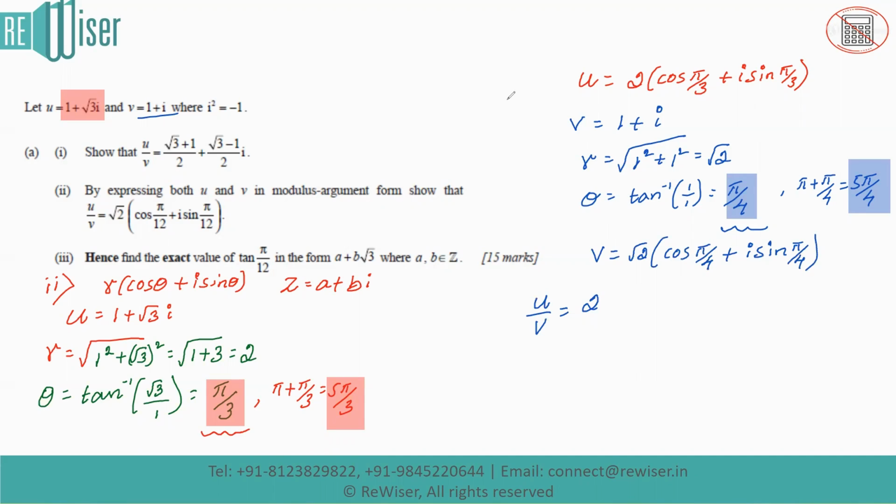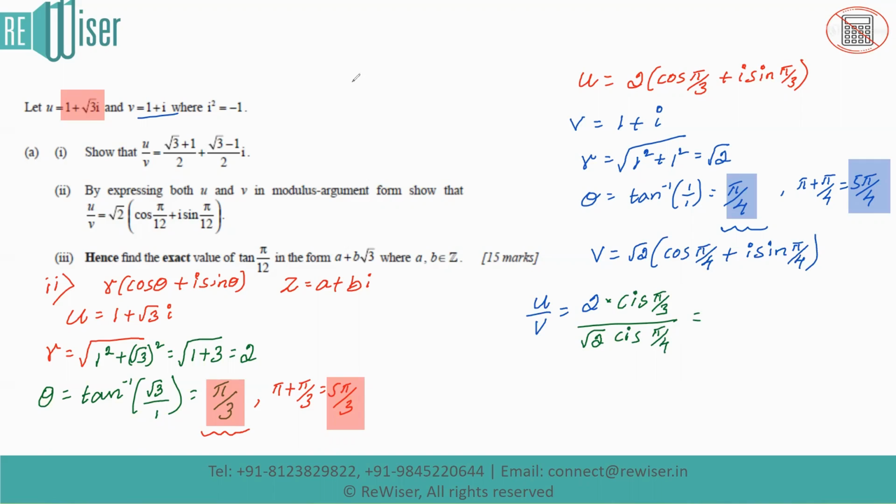We can also write it as cis pi by 3. So that's another way of writing it. So it's going to be cis pi by 3 divided by v, which is nothing but root 2 into cis pi by 4.